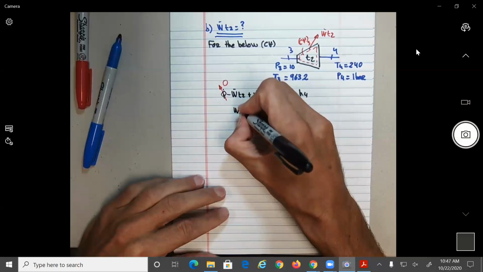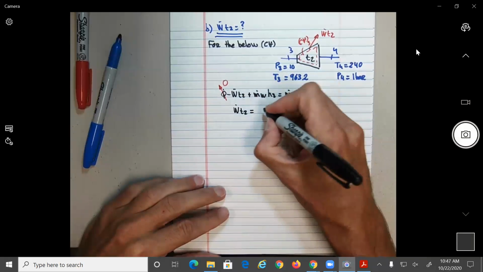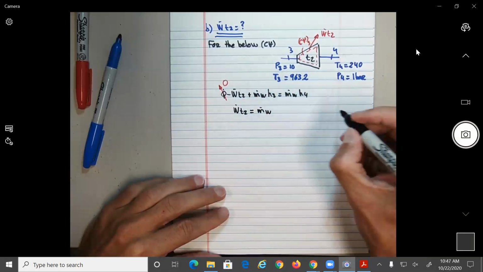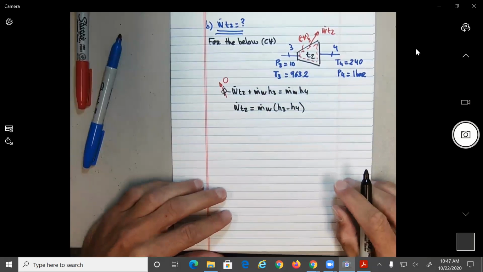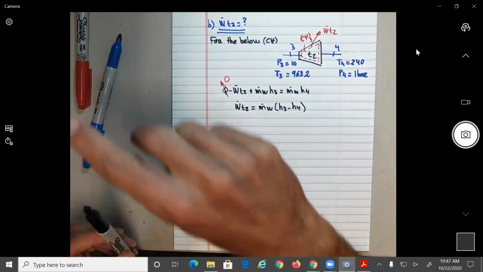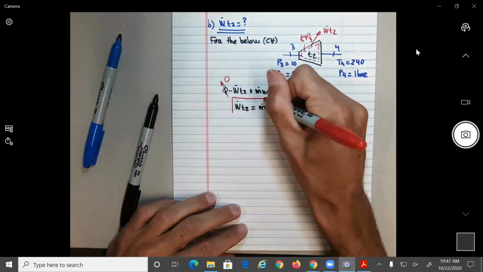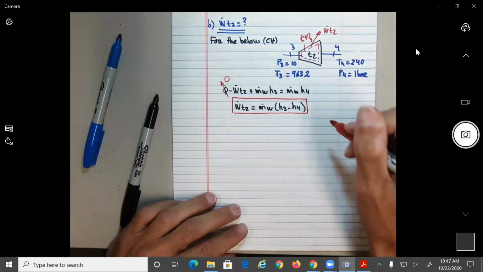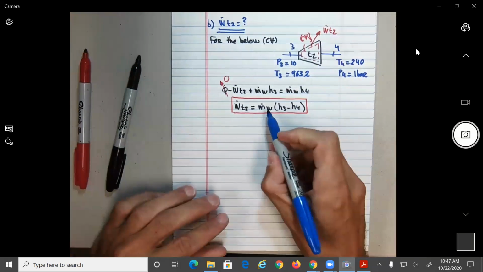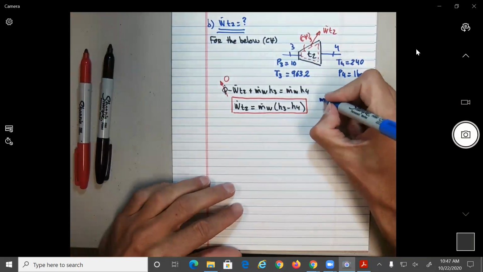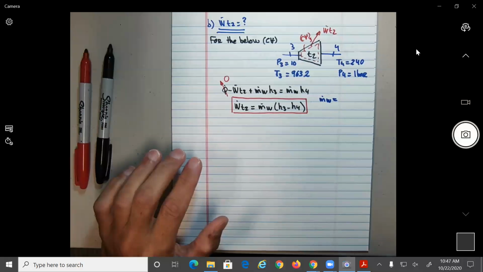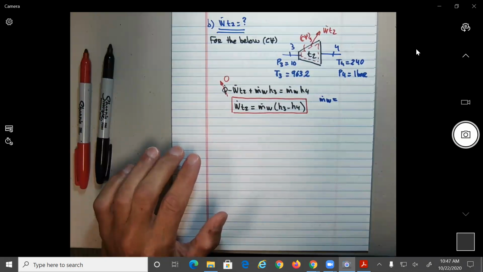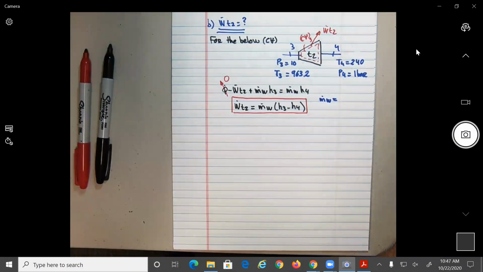So the power provided by that turbine should be equal to the mass flow of the water times H3 minus H4. In this problem, we know the mass flow of the water. What was it? We can find it. It is 18.77.